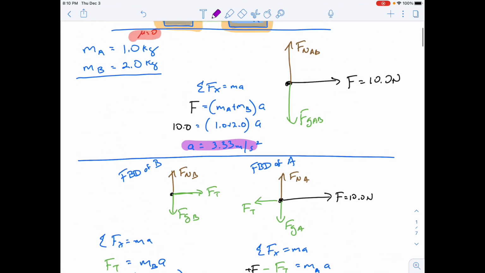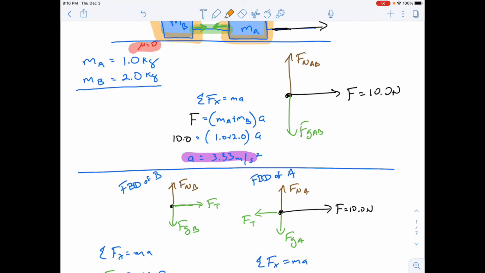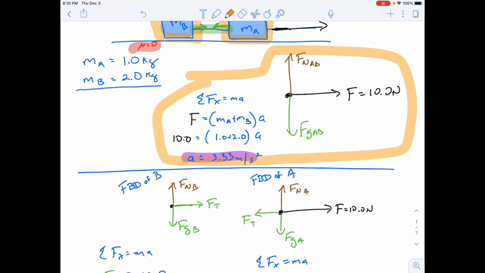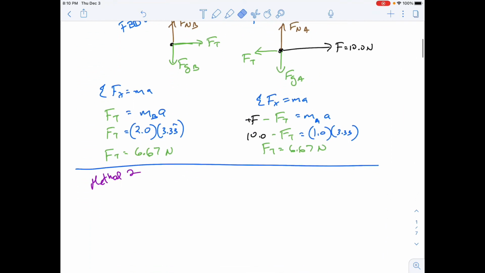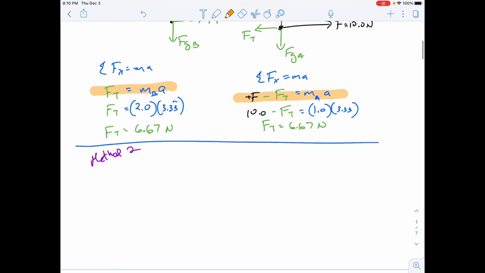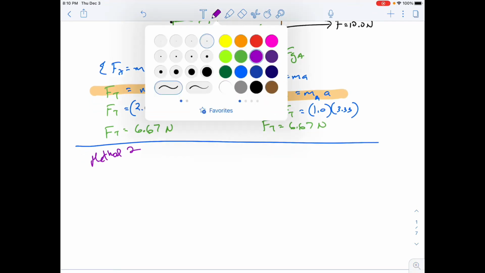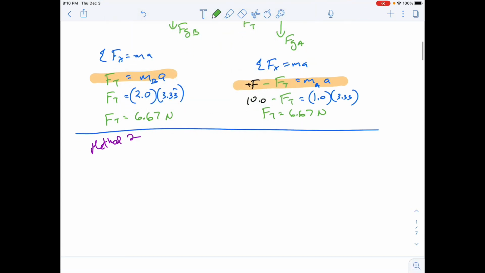If we had never solved it as an entire system, you can still solve these problems if you look at just these two formulas. I'm going to rewrite them, but we're going to pretend we never solved for acceleration. So keep that in mind.